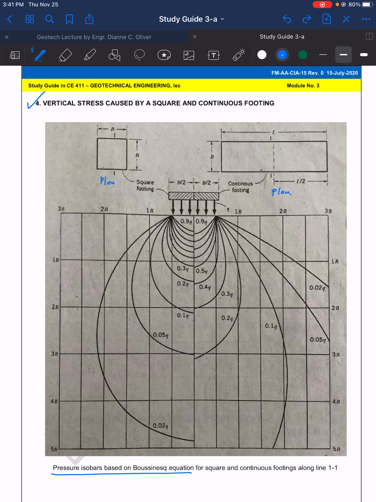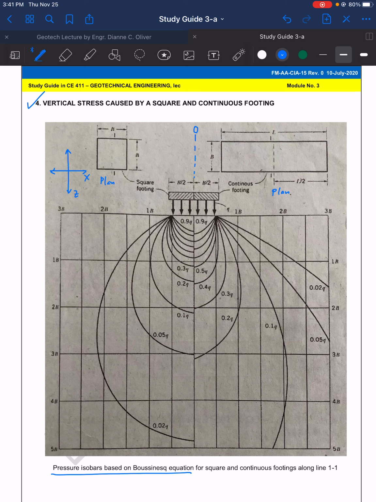First, we need to plot the point where we are computing the vertical stress. We plot this having the horizontal axis as the x-axis and the vertical as the z-axis. Okay, and we start our plot with the middle as the 0.